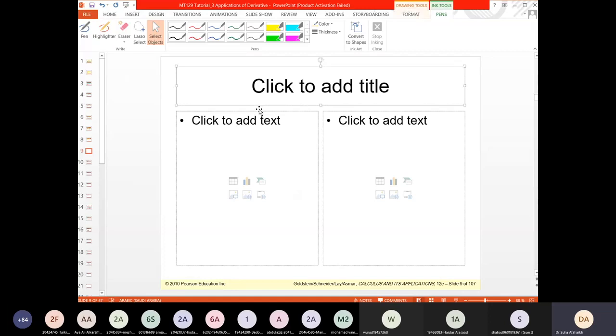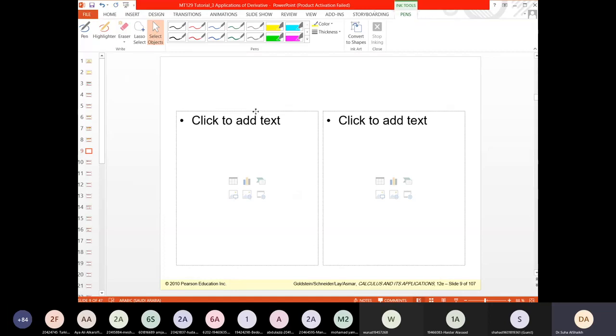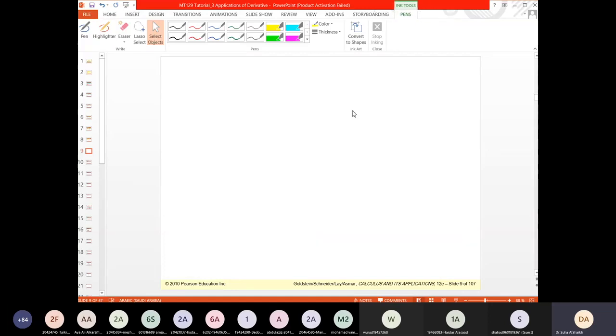I'm going to summarize the things a little bit. Let me summarize. In number 1 we have the increasing and the decreasing of a function. In number 2 we have the local or relative max and minimum points.